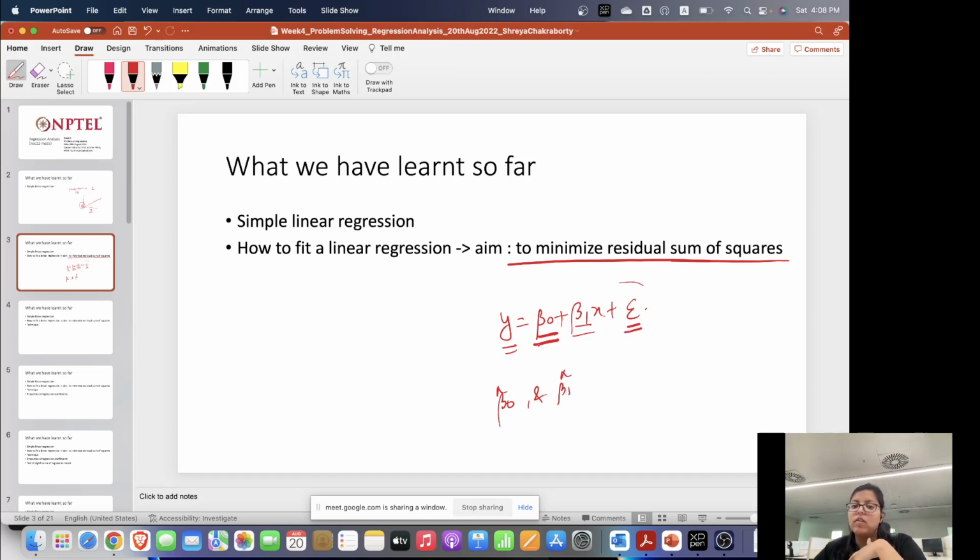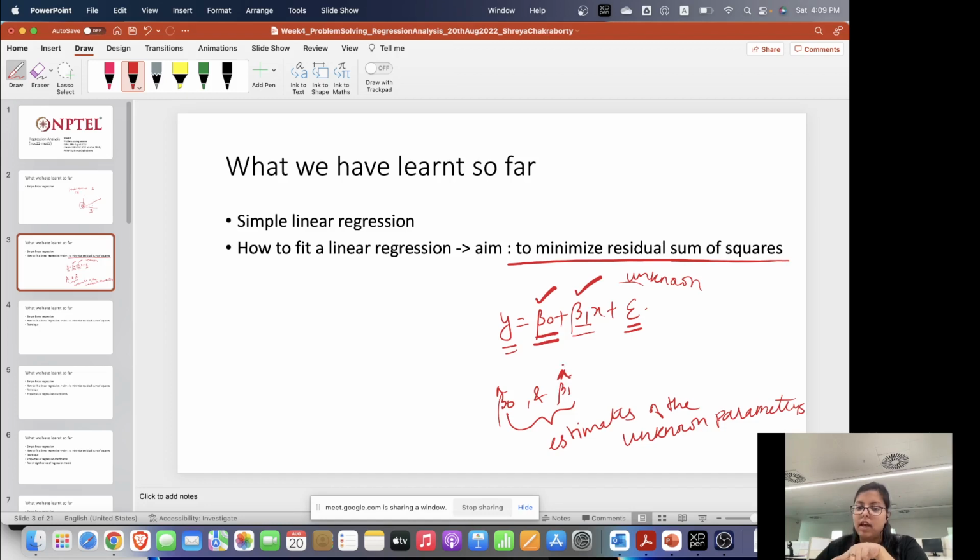So beta naught and beta 1 are unknown parameters, and whenever we write a hat, it means these are estimates of the unknown parameters. This is the difference between beta naught, beta 1 and the beta hats.